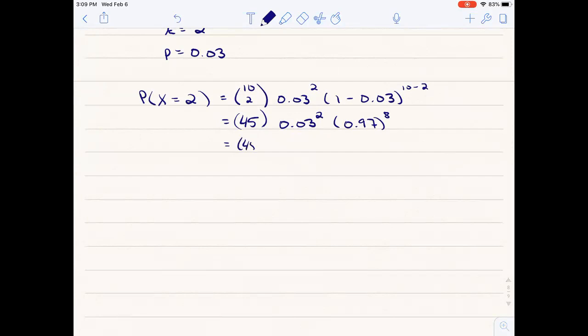I have 45 times 0.0009 times 0.97 to the power of 8, which is 0.78374335. Now I can just multiply these out times 0.0009 times 45.